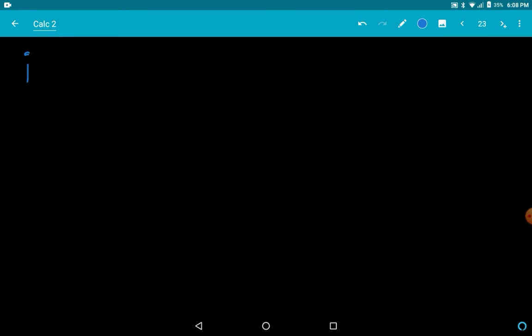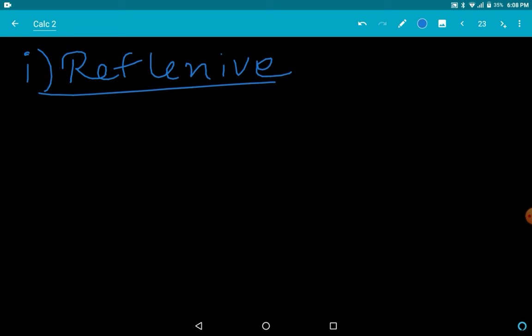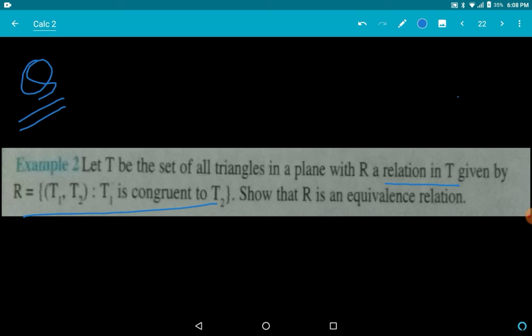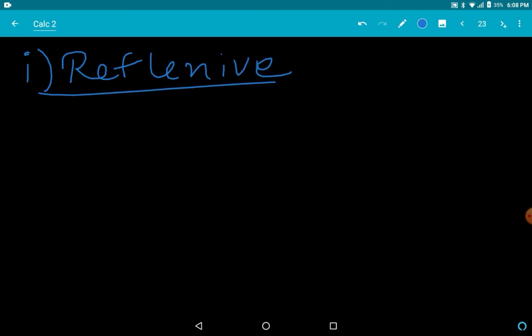First, we have to show that the relation is reflexive. R's relation is that (T1, T2), those are triangles, T1 is congruent to T2. Now for reflexive, let me take (T1, T1). Let's take two triangles (Ta, Ta), same thing.